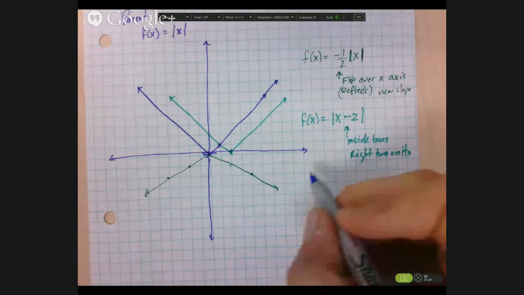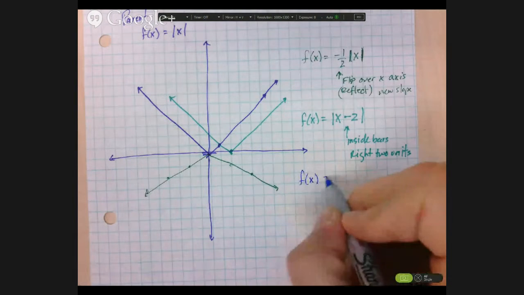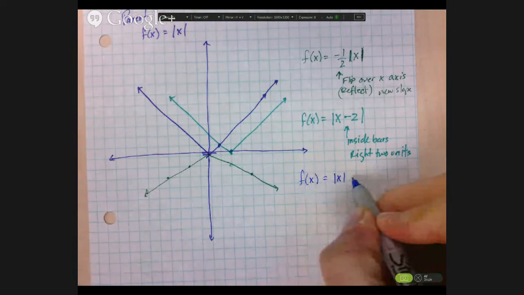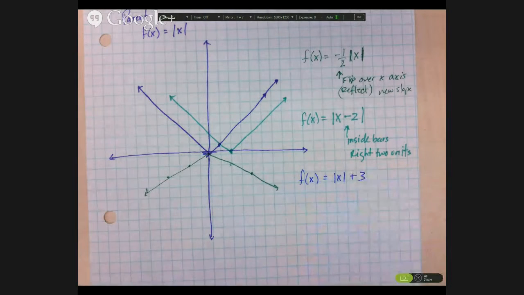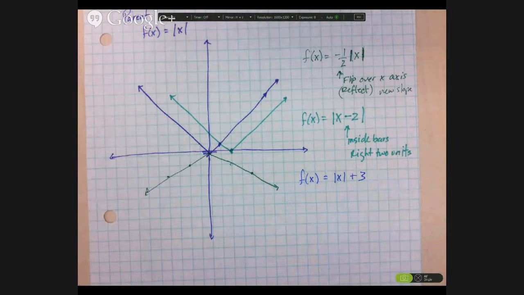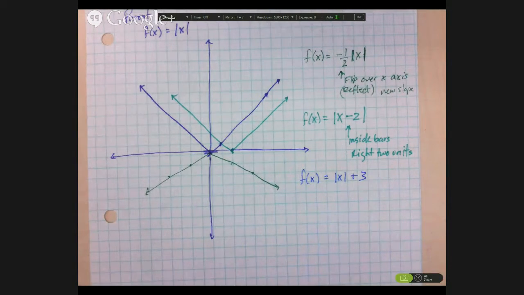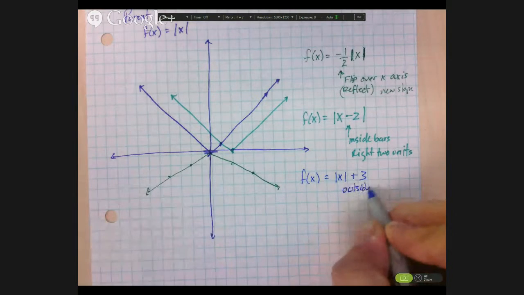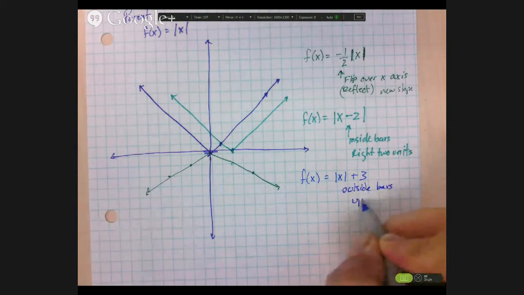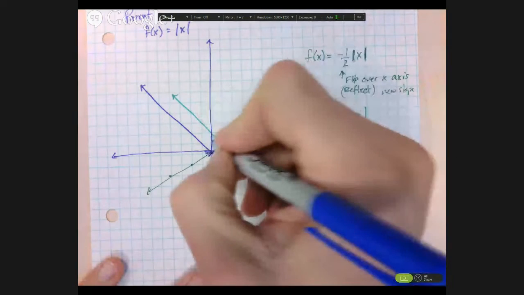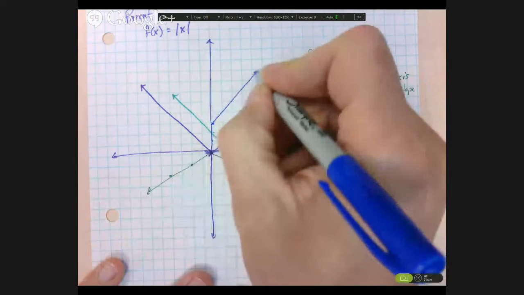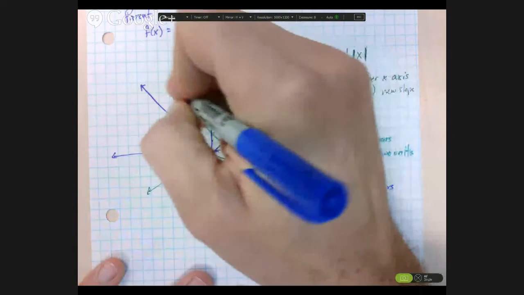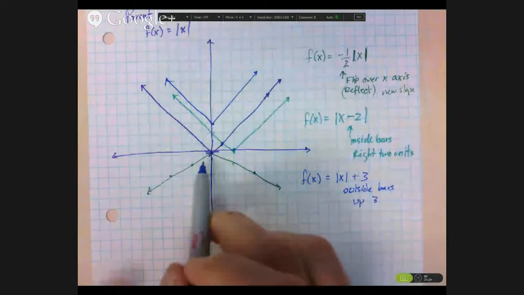What about, let's try a 3 plus 3 outside the bars. Up 3. So it's outside the bars. Up 3. So it's the same as the parent function.